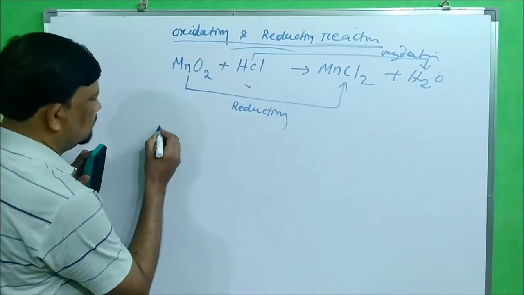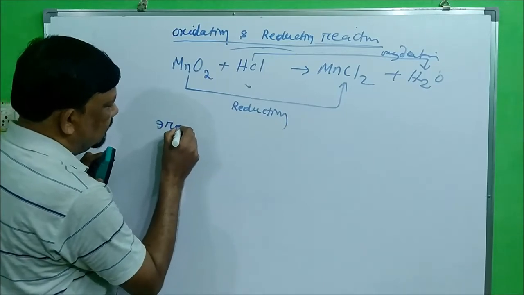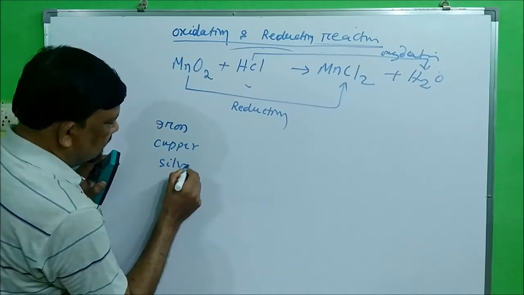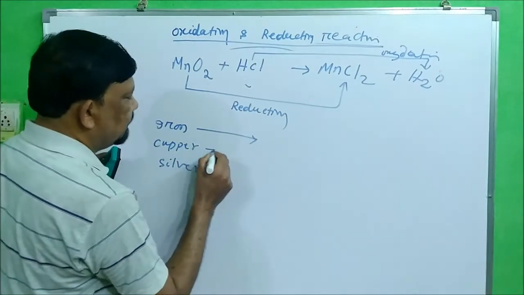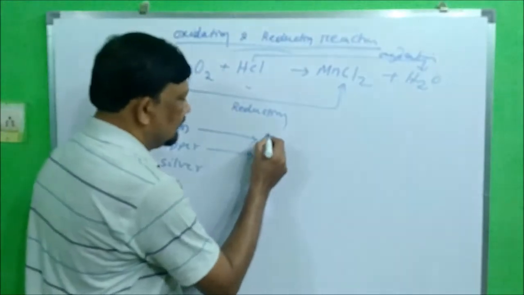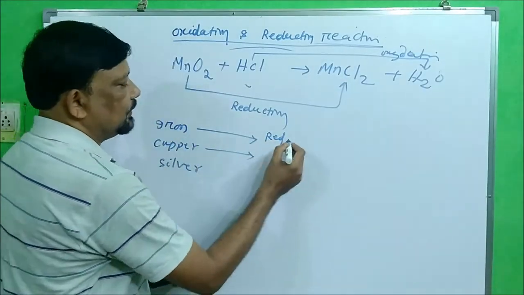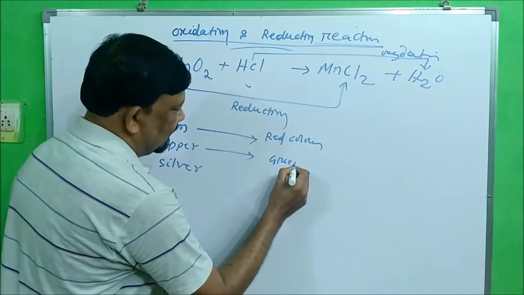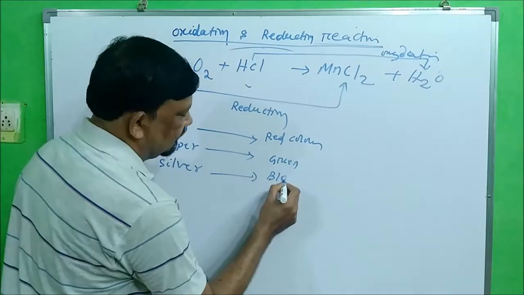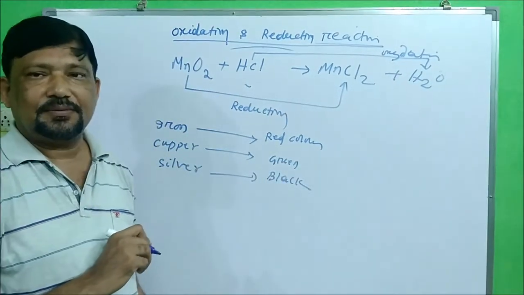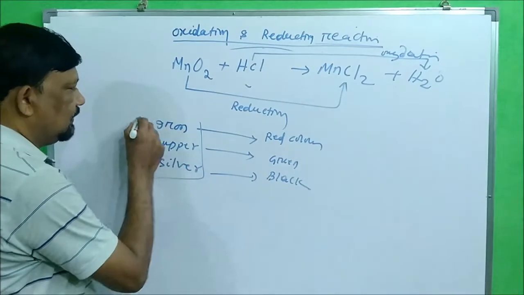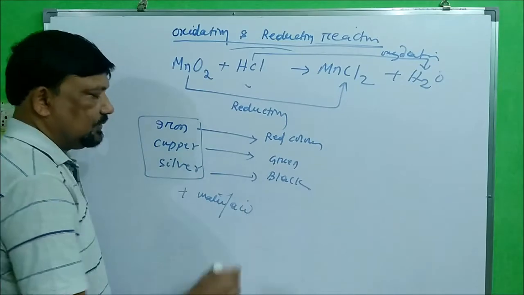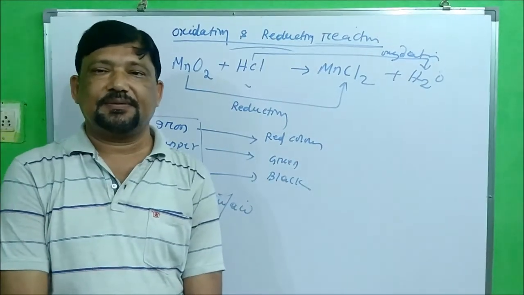You might have observed the iron, the copper and the silver, after a long duration, if you keep these things, this iron changes to red color, copper changes to green color, and silver changes to black. What happens? Actually, when any metal comes in contact with water or acid, that forms the respective oxides.